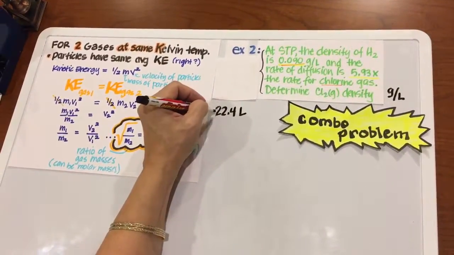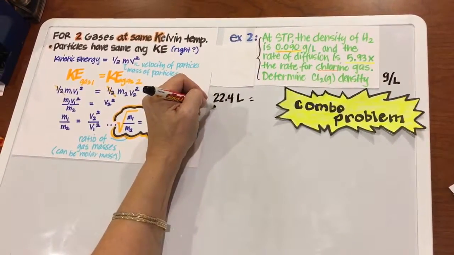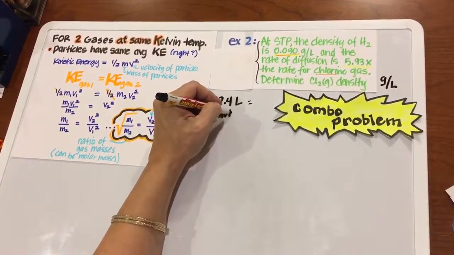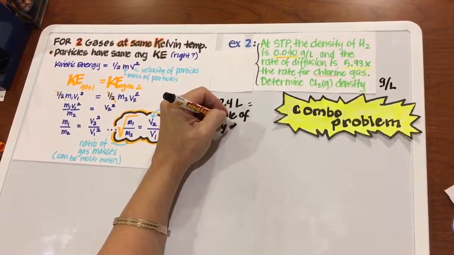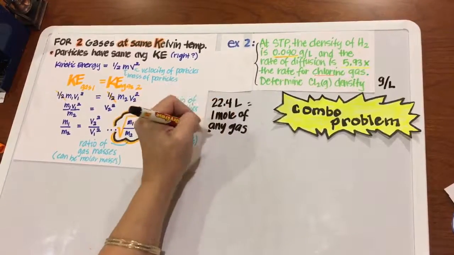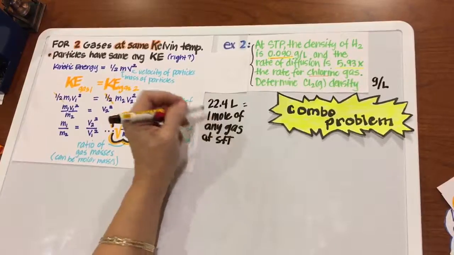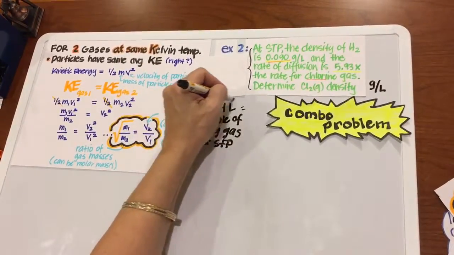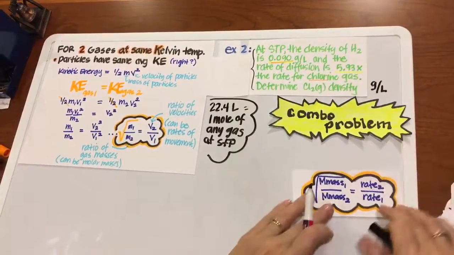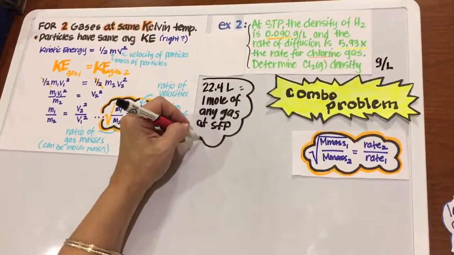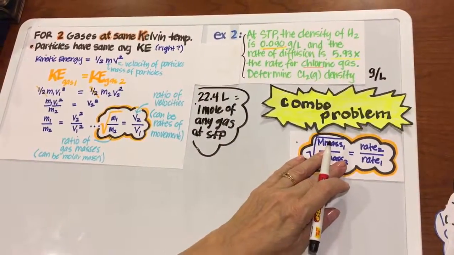From video 1, 22.4 liters will equal the volume of 1 mole of gas, if we're at STP. So I'm just going to keep this in mind. I'm also going to keep Graham's law of diffusion. So I'm probably going to do a combination of this and this to solve this problem.